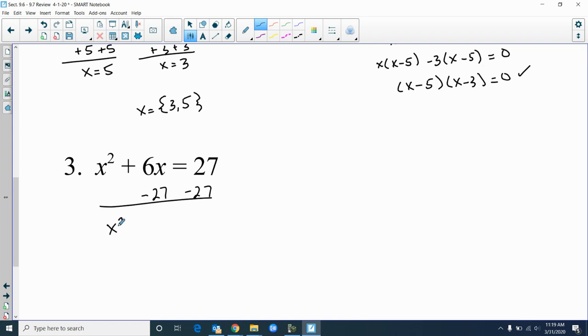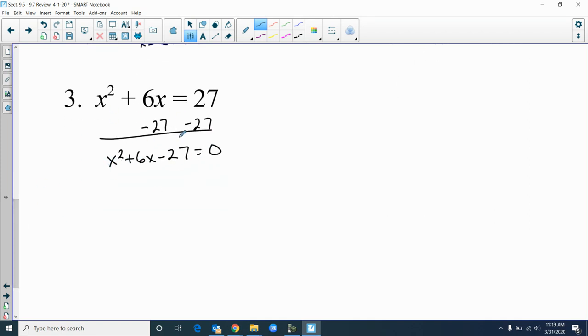I get x squared plus 6x minus 27 equals 0. No number in front of the x squared, so I need two numbers that multiply to equal negative 27 and add to get 6. Think about it: one of them has to be negative, and one of them has to be positive. I'll tell you, one of them is negative 3. What's the other one?